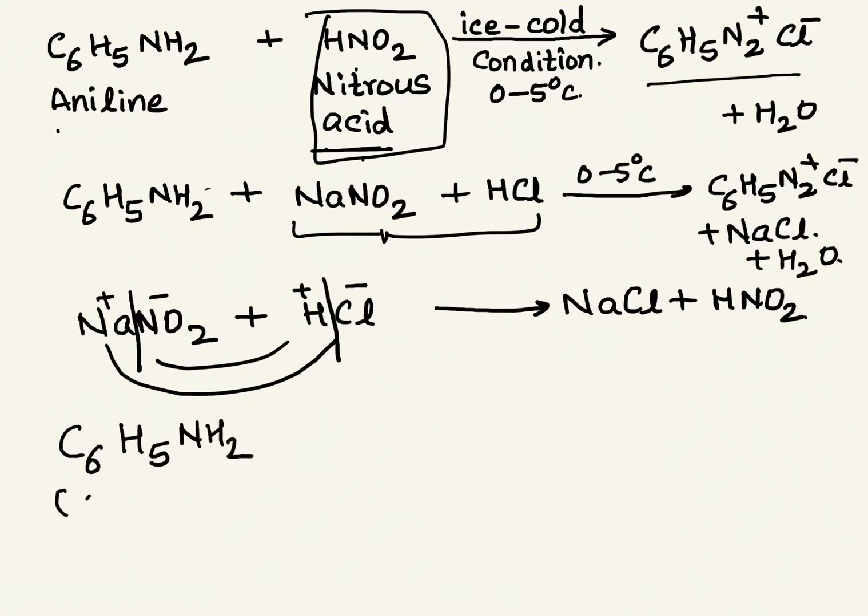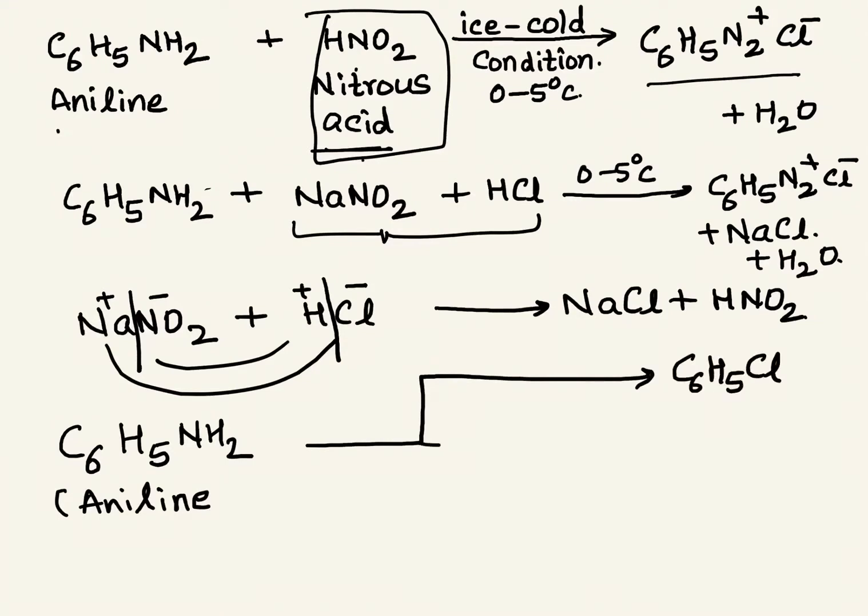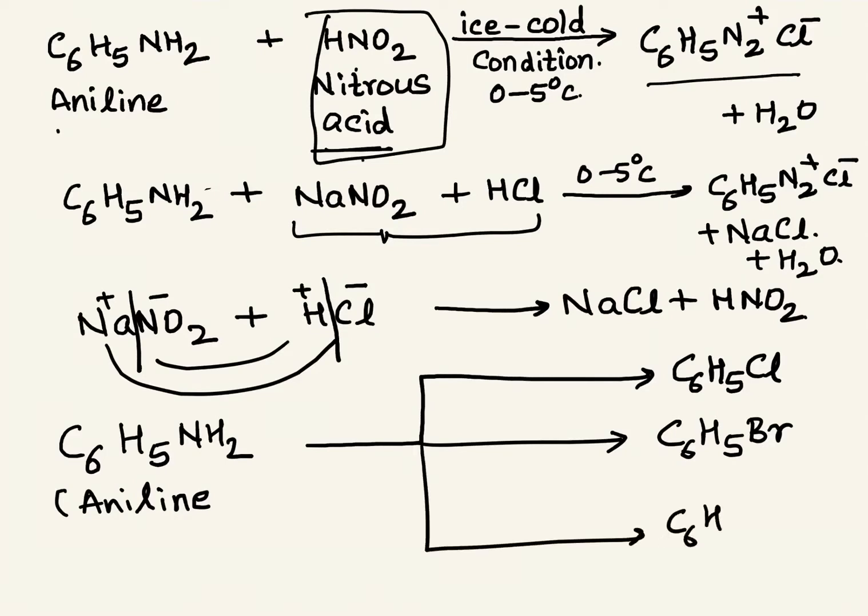So effectively in this reaction, if you notice, what have we done? We have converted aniline to a number of products. We've converted it into chlorobenzene C6H5Cl. We have converted it into bromobenzene C6H5Br. We have converted it into iodobenzene C6H5I. And how did we do that? We first converted the aniline into benzene diazonium chloride C6H5N2+ Cl-.